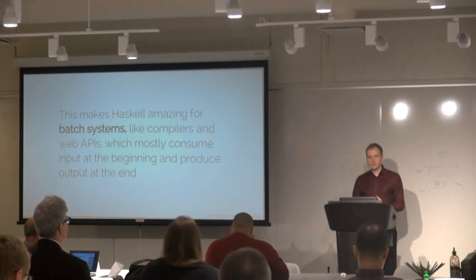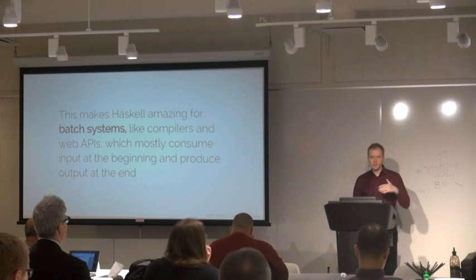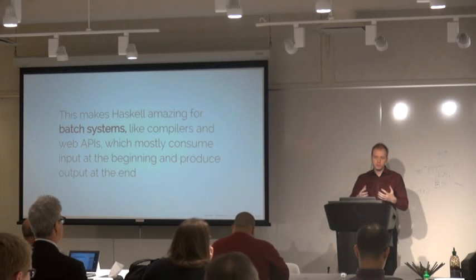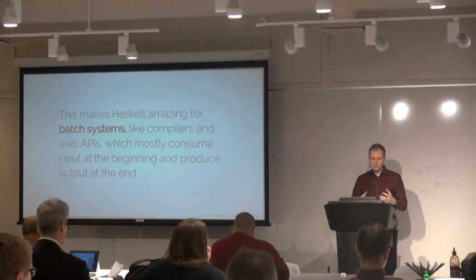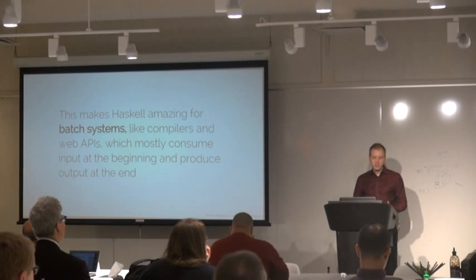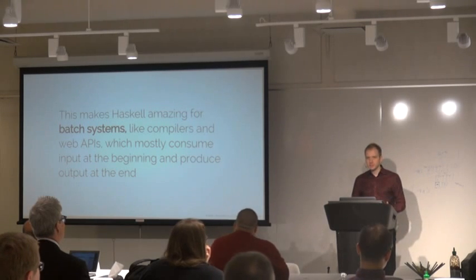But the way that we normally have to do them is by breaking down into the I/O monad, or maybe some more constrained monad that we construct for ourselves for safety. But basically, we're writing in an imperative language that's just a domain-specific imperative language in Haskell. Now, that happens to be my favorite imperative language, but it's still basically imperative programming. So the question is, how can we get away from this?